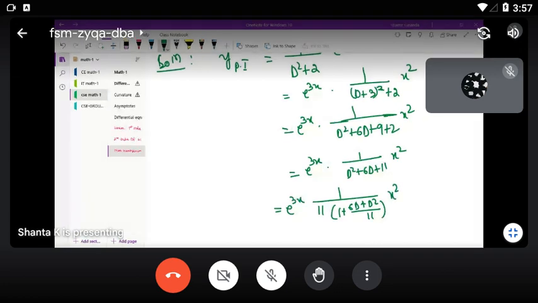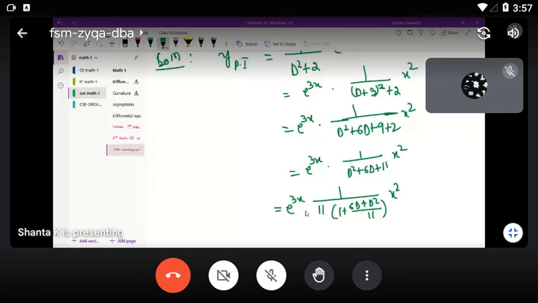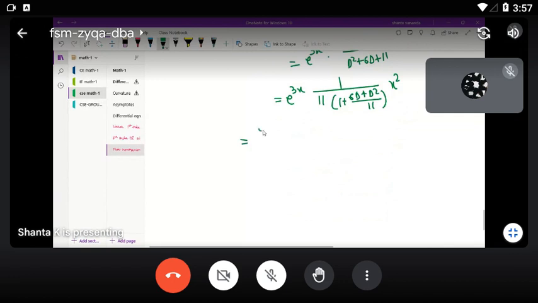Now you can go for the binomial expansion of this one. So we have e power 3x by 11 into 1 plus (D square plus 6D) by 11 inverse, so you can expand this one and then operate on x square.